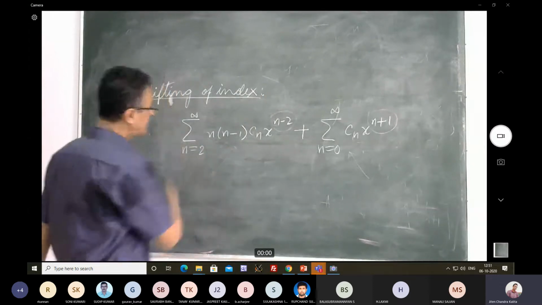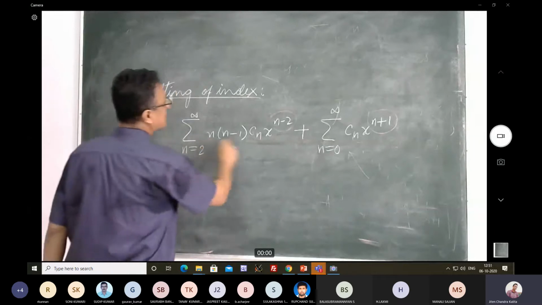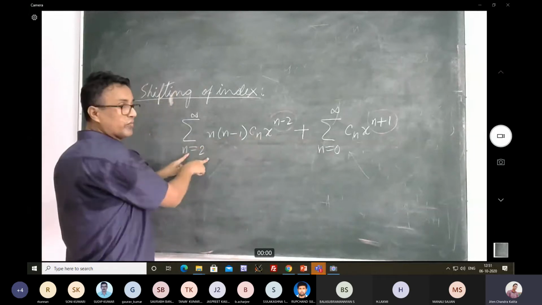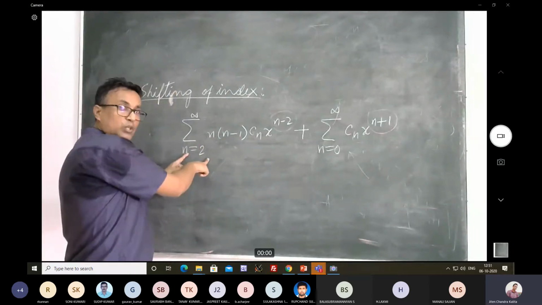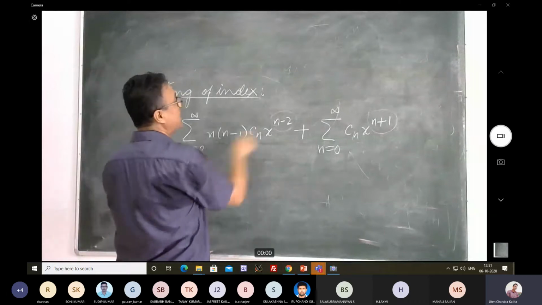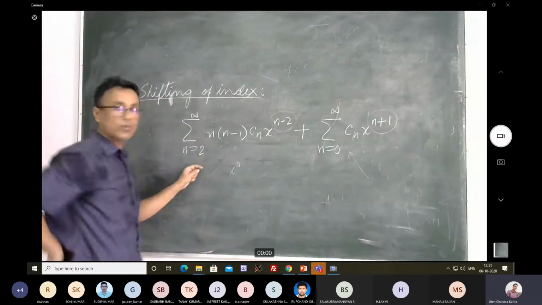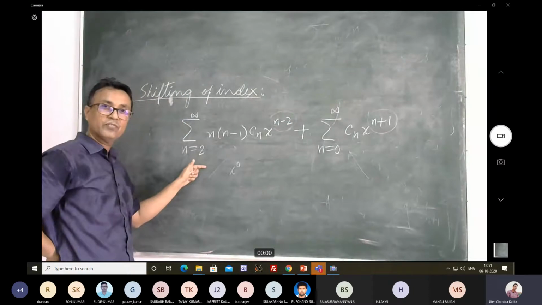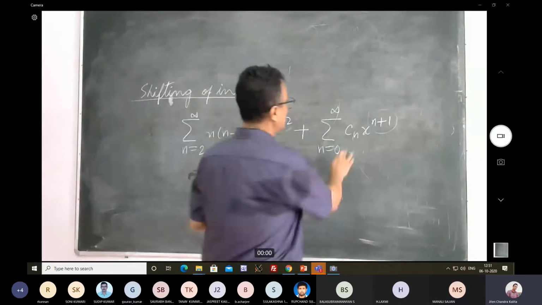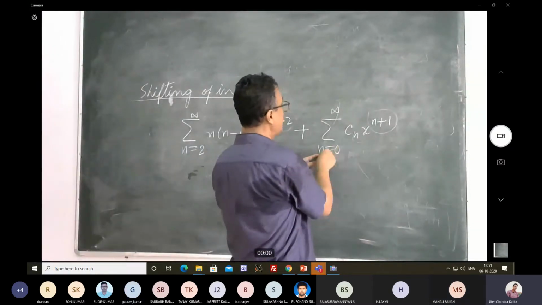Is it okay? For example, if you look at this series, n equal to 2. So if you plug in n equal to 2 here, this series is going to start from x to the power 0. Similarly, here it starts from n equal to 0.